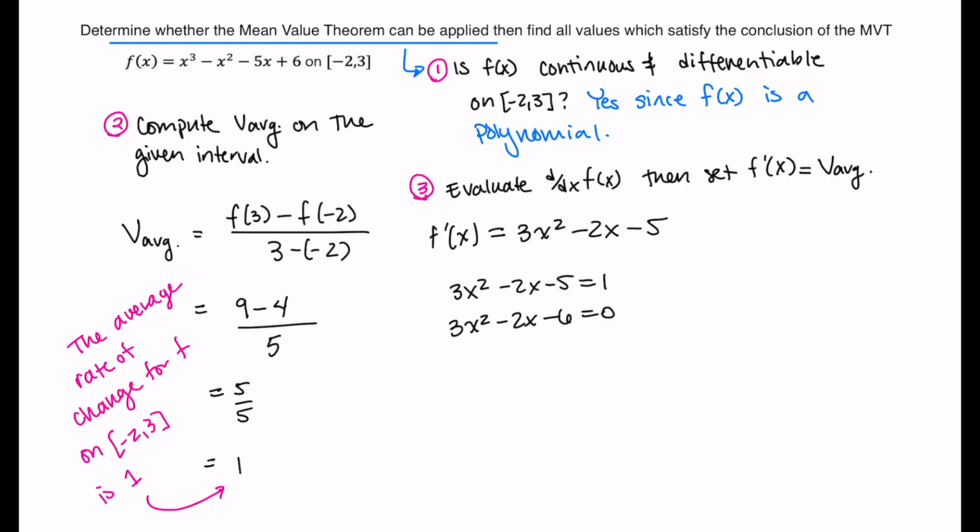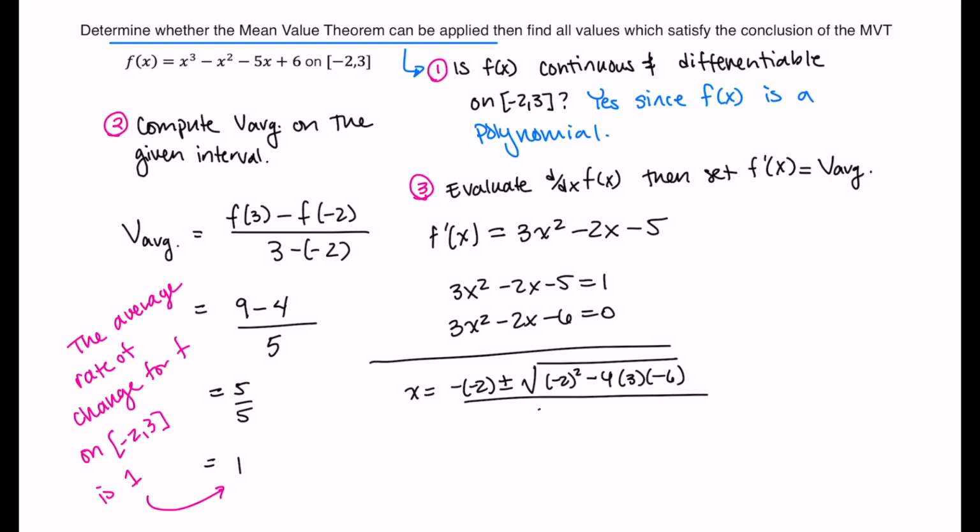And now this, you can use the quadratic formula. So x equals -2 plus or minus the square root of -2 squared minus 4 times 3 times -6 over 2 times 3. And this works out to be 2 plus or minus the square root of 76 over 6, which simplifies to 2 plus minus 2 root 19 over 6.